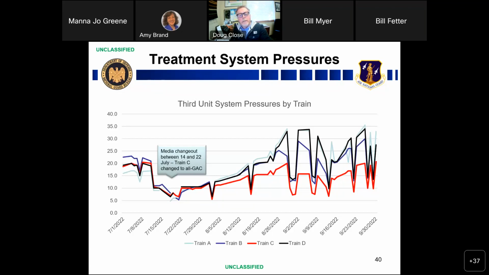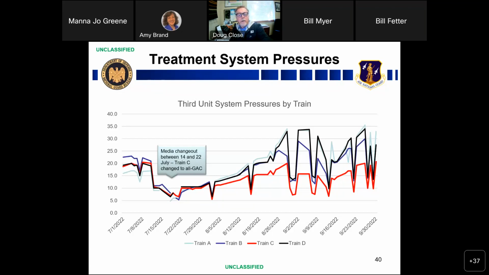And what this is set out to do, I want you to look at the more stable all GAC in red. That's your train C. So we run at 15 pounds per square inch pressure, and that's very doable, very manageable throughout the whole run, and we can keep it there.